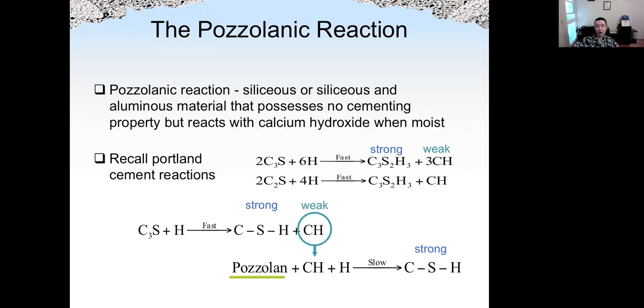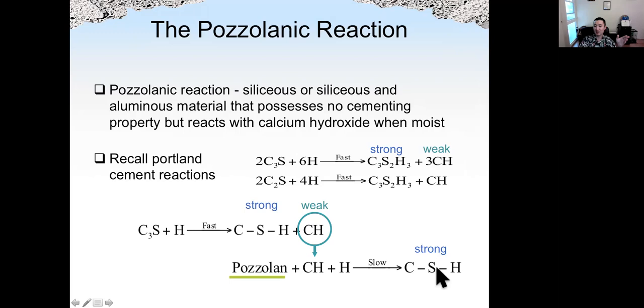So when we add pozzolans such as silica fume, fly ash, or slag, these materials, which have mostly silicon oxide, will react with calcium hydroxide plus water. The reaction is very slow, taking several weeks or even months or years.